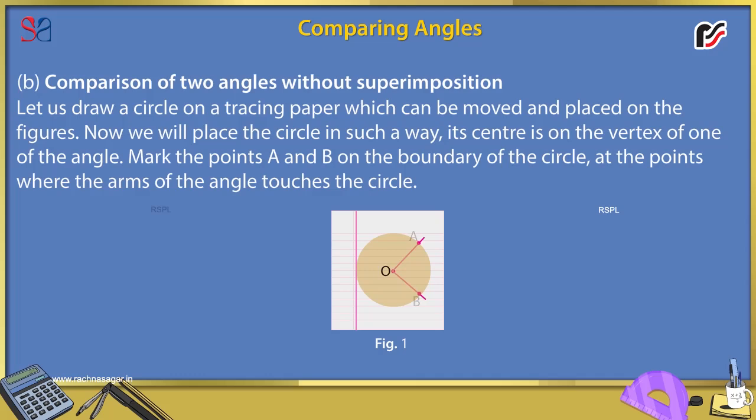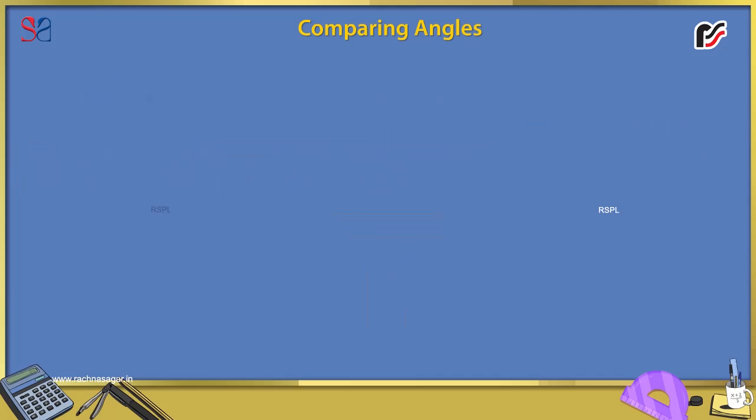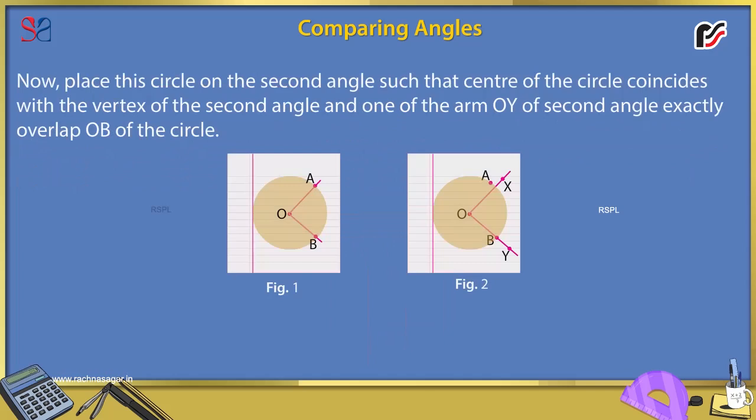Mark the points A and B on the boundary of the circle, at the points where the arms of the angle touch the circle. Now, place this circle on the second angle such that the center of the circle coincides with the vertex of the second angle and one of the arms, OY, of the second angle exactly overlaps OB of the circle.